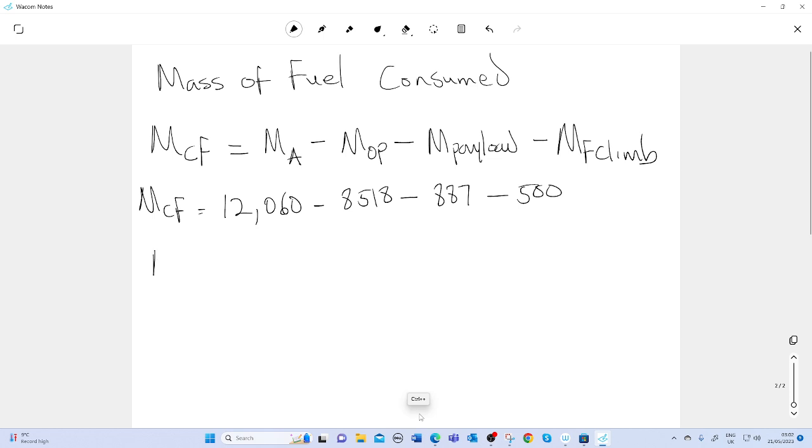So therefore, the mass of fuel for the whole mission of the flight equals 3,155 kilograms.